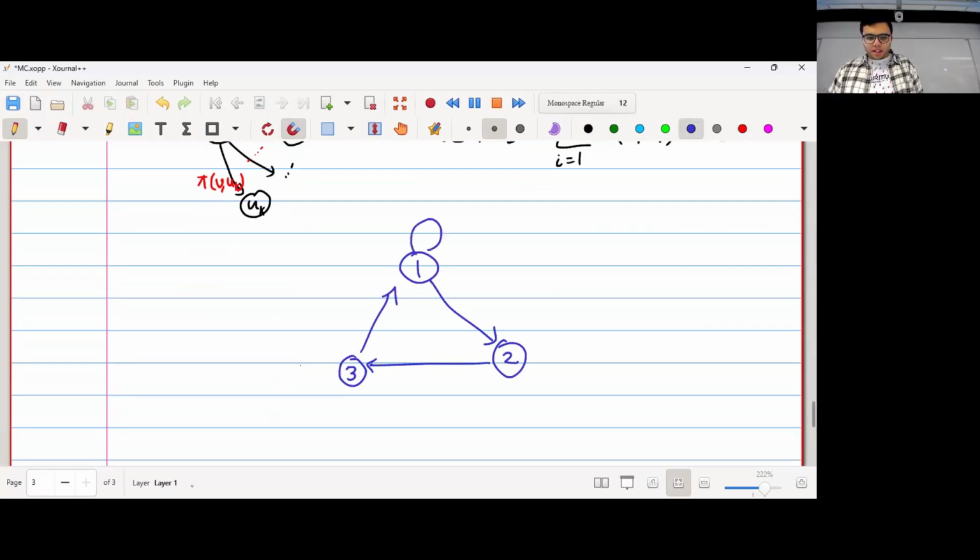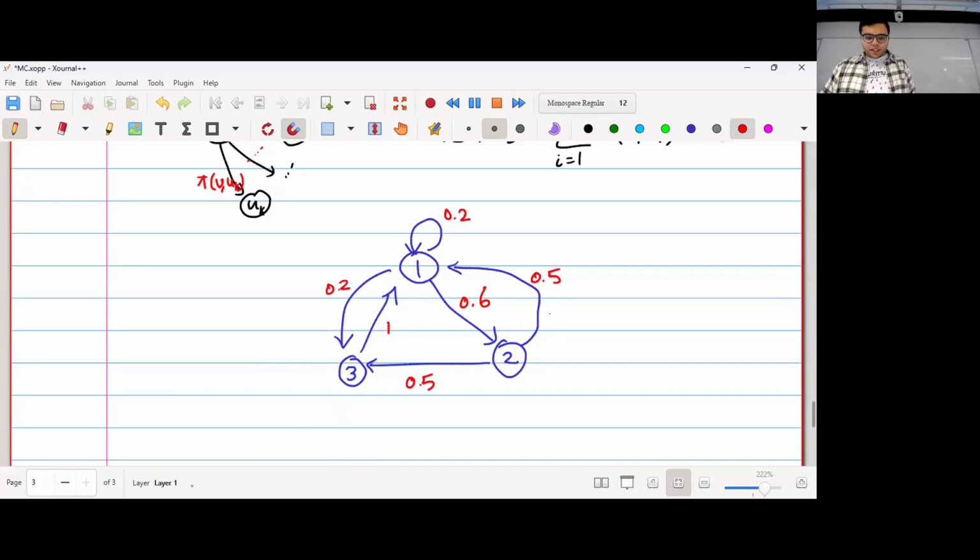If I'm at 1, with probability 0.2, I stay at 1, with probability 0.2, I go to 3, and with probability 0.6, I go to 2. If I'm at 2, with probability 0.5, I go to 3, and with probability 0.5, I go back to 1. And if I'm at 3, with probability 1, I just stay there. So let's say this is my Markov chain.